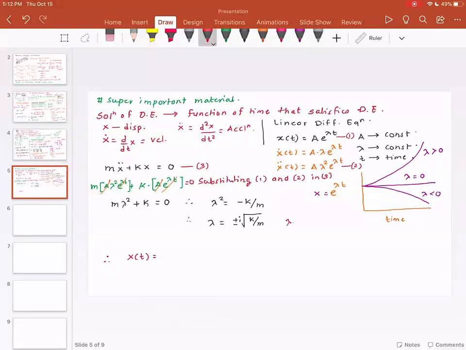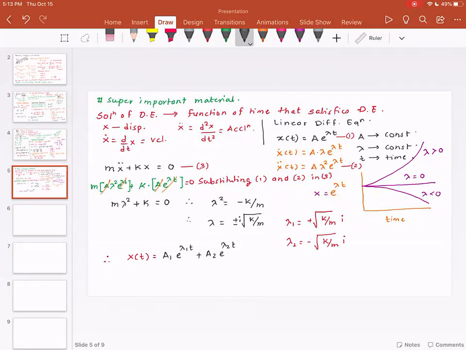You have lambda 1, which is plus square root of k by m times i, and you have lambda 2, which is minus square root of k over m times i. And since you have two lambdas, you are going to have two different a's. So you will have a1 e to the lambda 1 t plus a2 e to the lambda 2 t.